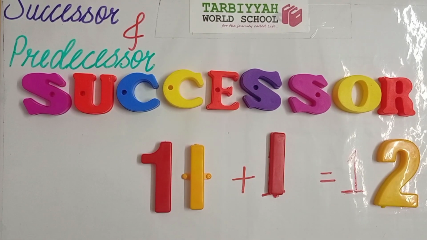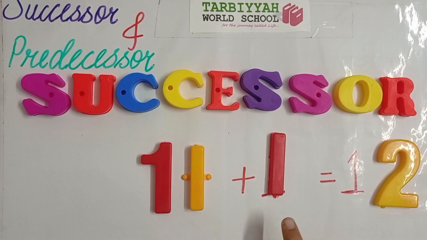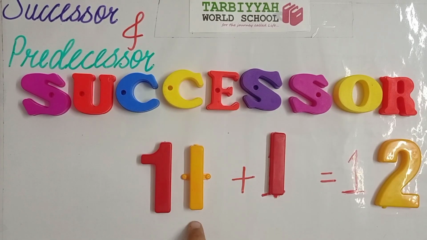For finding out the successor, we just add 1 to a number. So 11 plus 1 is 12. So the successor of 11 is 12.